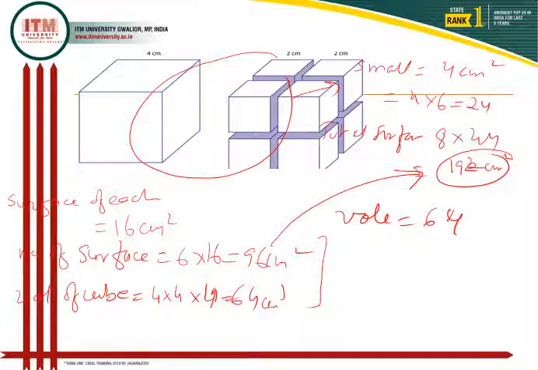Now think about nanoparticles. If somehow by using any top-down approach you divide the bulk material into small pieces, what will happen? The volume will be the same, but the surface can change enormously. If the surface changes, then the surface to volume ratio will be very high in the case of nanoparticles.